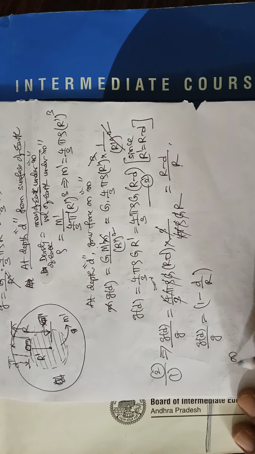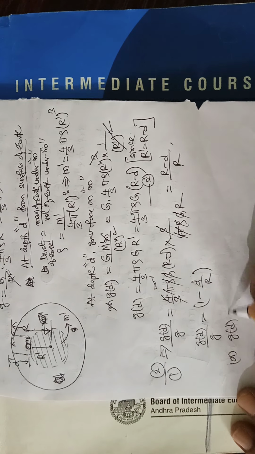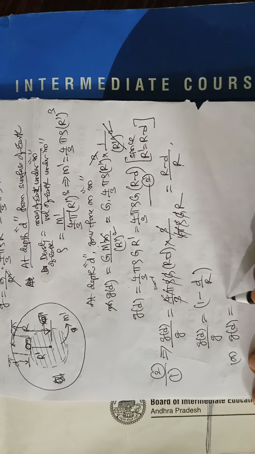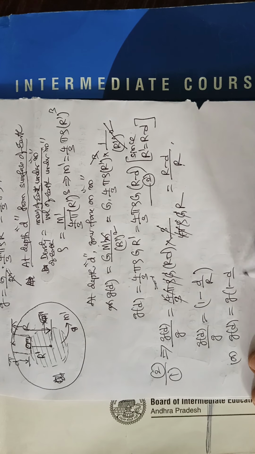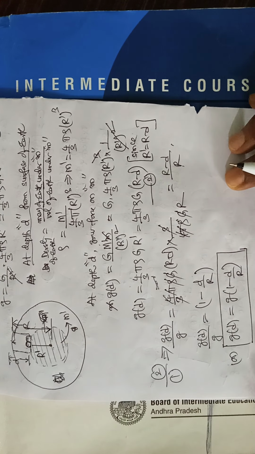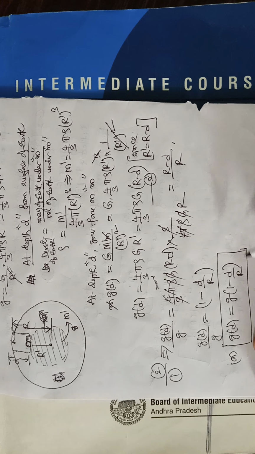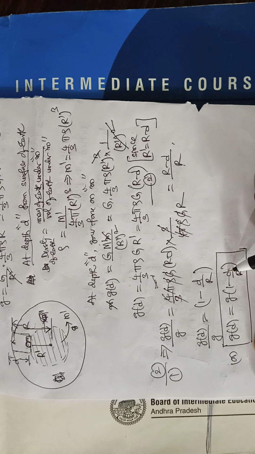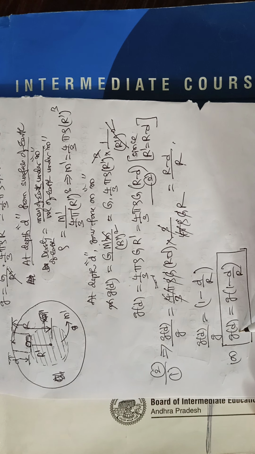Or, taking this g to the right hand side, now looking at the expression, we can say as depth increases, because of the minus sign, as d value increases, g d value also decreases.